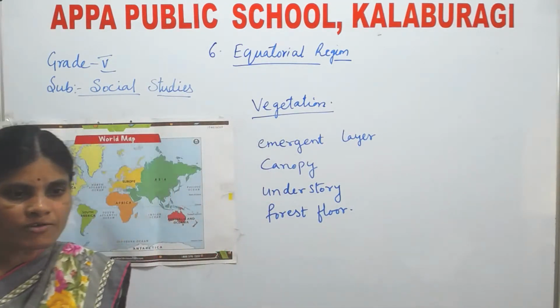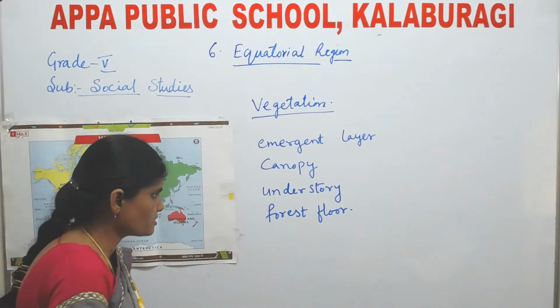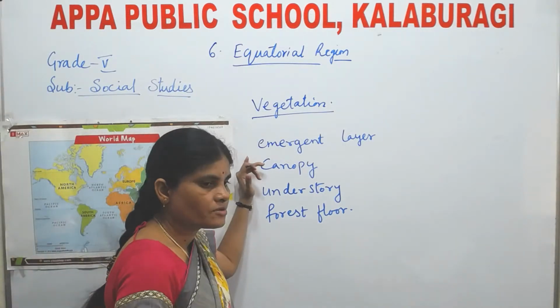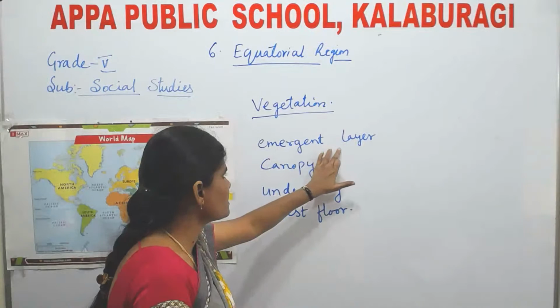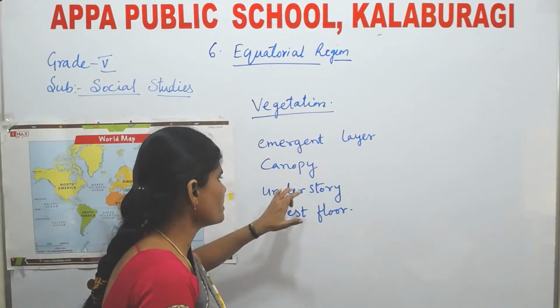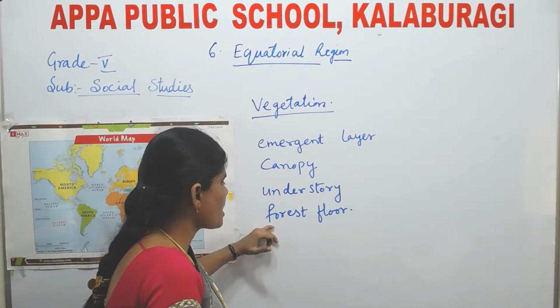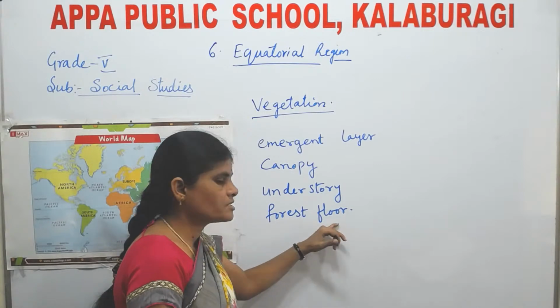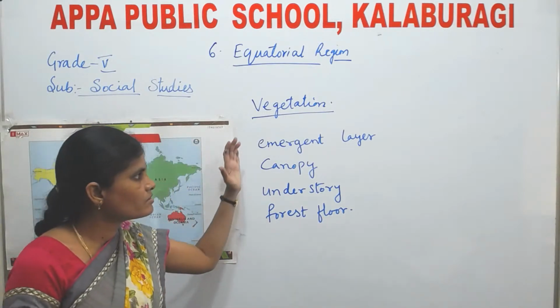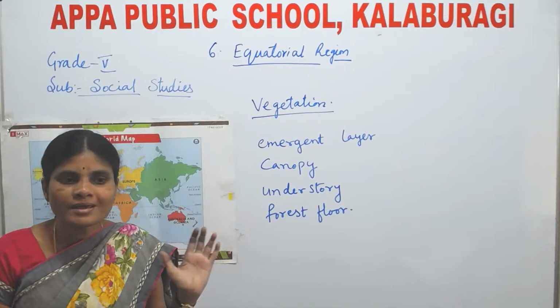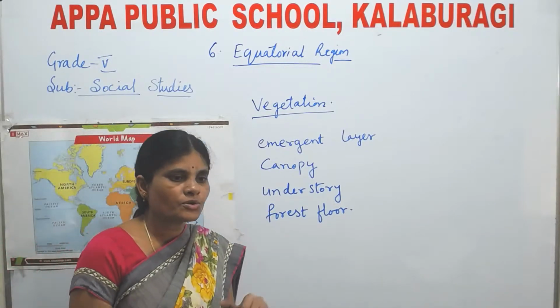These are the four layers of the forest. What are the four layers of the forest? First is the emergent layer, second is the canopy, third is the understory, and fourth is the forest floor. We get to see these four layers due to the dense vegetation in the equatorial region.